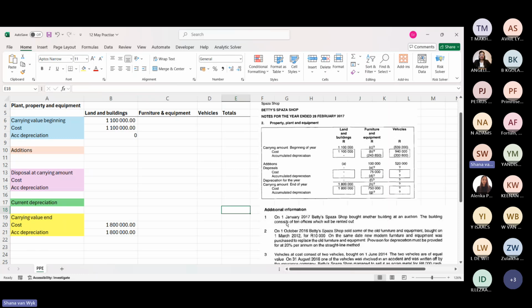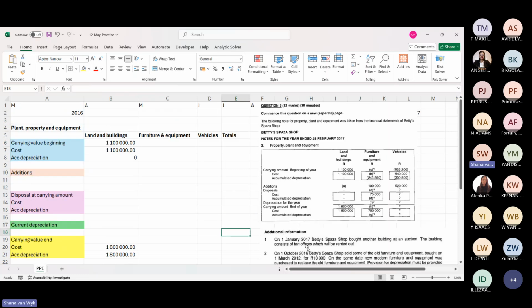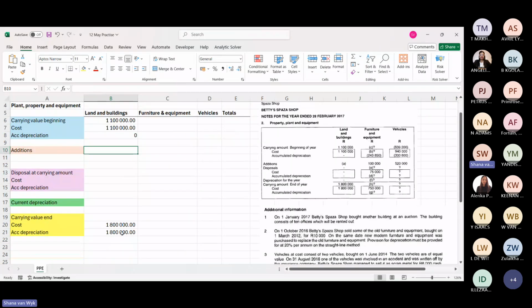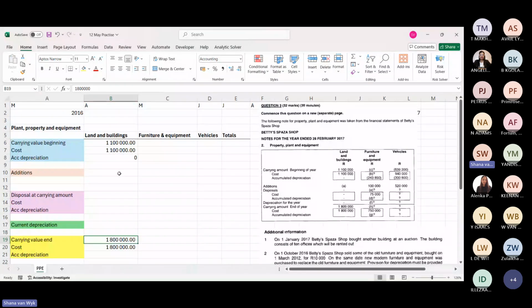On 1 Jan 2017, they bought another building. The building consists of 10 offices, which will be rented out. Okay, so then we can calculate A because we know what it was.